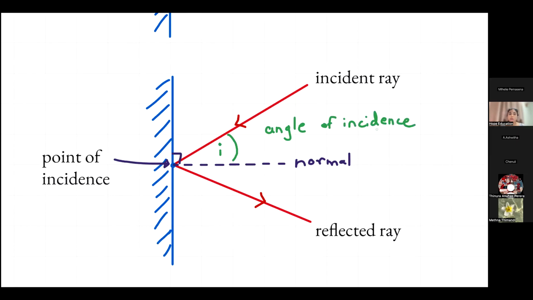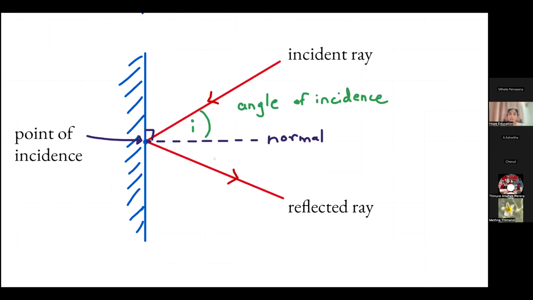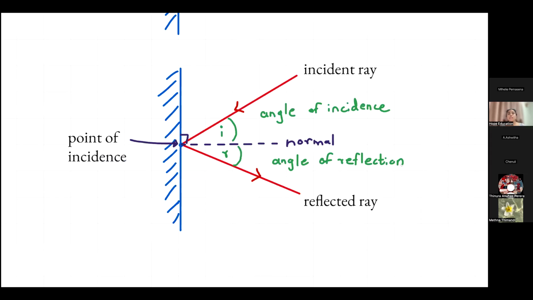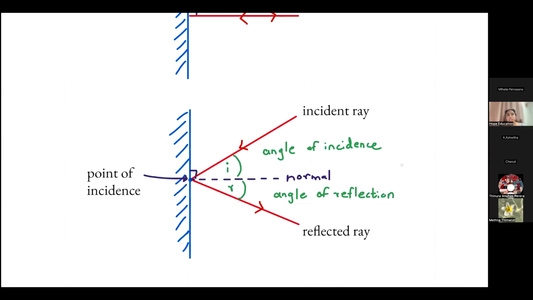And the angle between the reflected ray and the normal, we denote it with small r, which means angle of reflection. Angle of incidence and angle of reflection. So these are the terms relevant to reflection in a plane mirror.